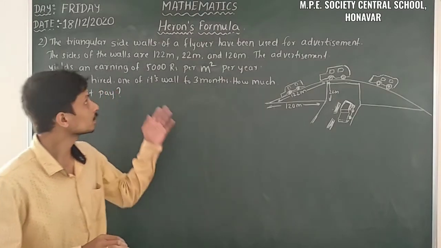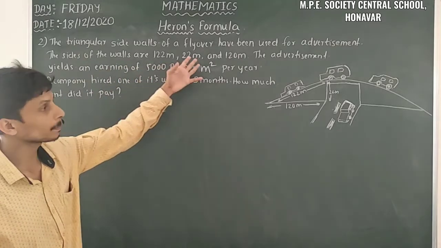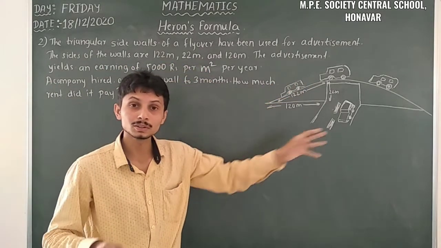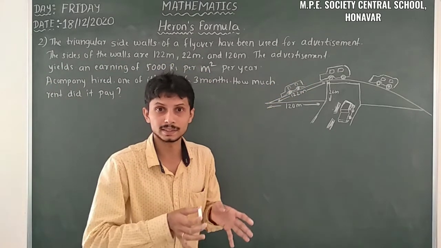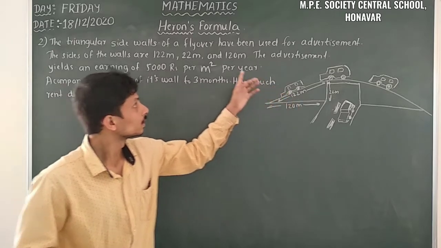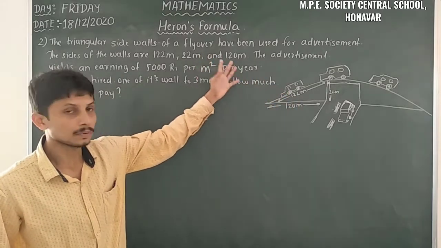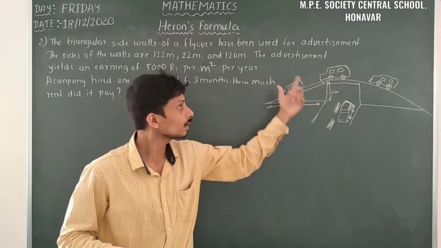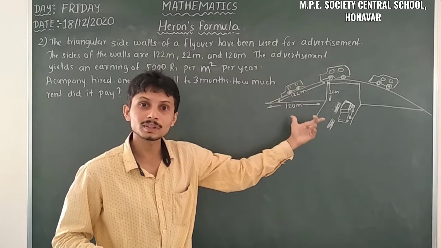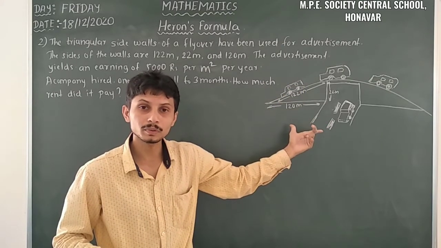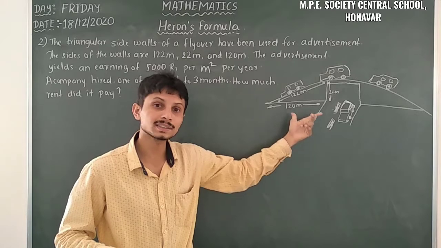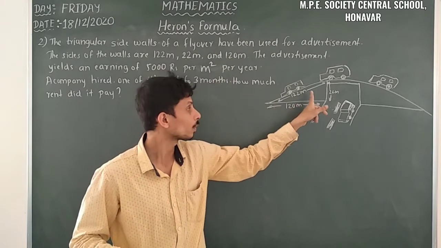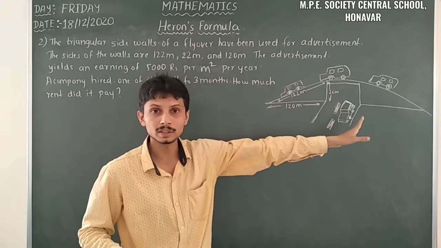Here we have the triangular side walls of the flyover. Here we have the flyover, so we can see in the big cities. This flyover has this triangular part at one part. So this one we can use for the advertisement. The sides of this triangular wall are 122 meter, 120 meter and 22 meter.